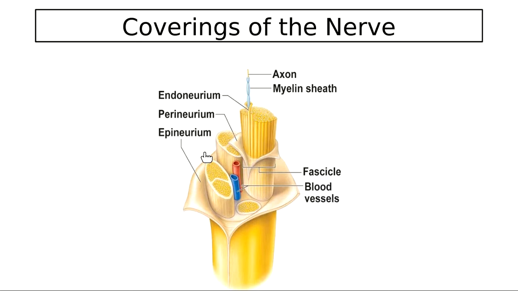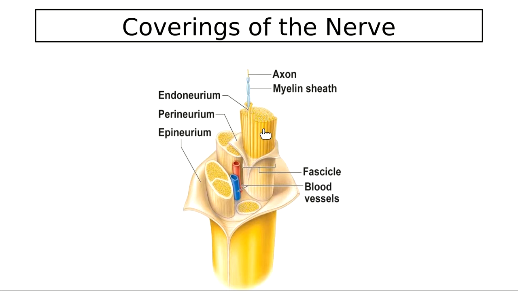Now, the epineurium goes in and covers bundles of fibers, axons, and dendrites. Remember that bundle is called a fascicle, and there it is labeled there too, fascicle, a bundle of fibers. And because it does that, it's called the perineurium. Just like in the muscle, it was perimysium, it's perineurium, covering a fascicle.